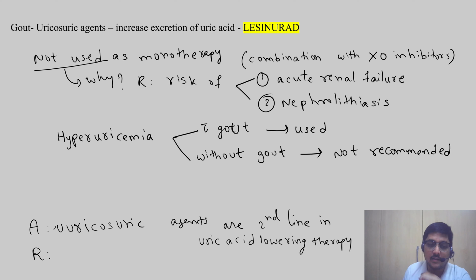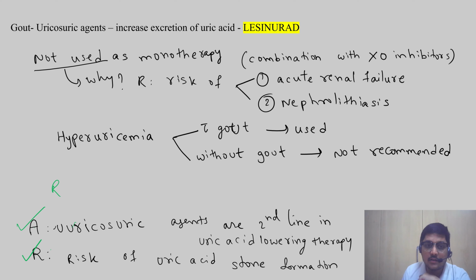Why? The reason is the risk of uric acid stone formation. Here, assertion is correct, reason is correct, and the reason is a proper explanation for the assertion in this question.